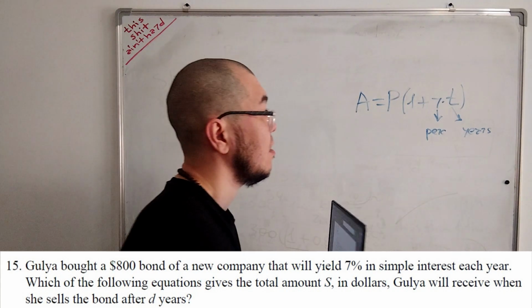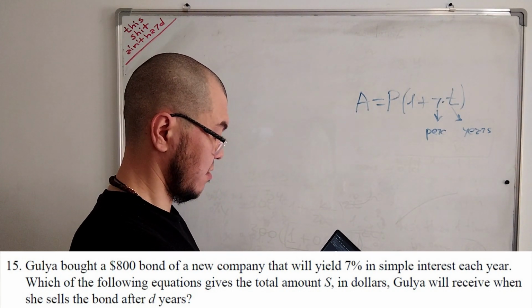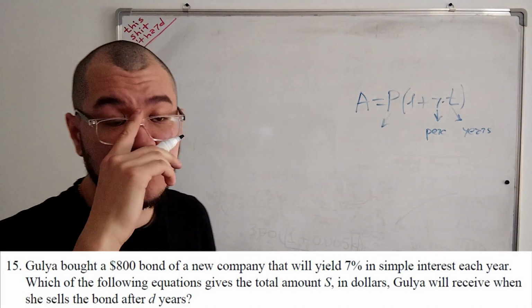Okay. So what do we have? We have 7%, and P is the starting amount of money.